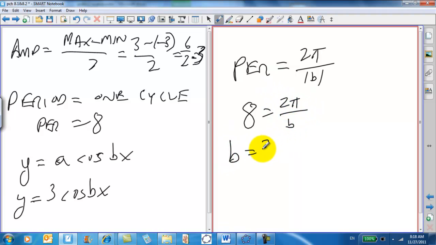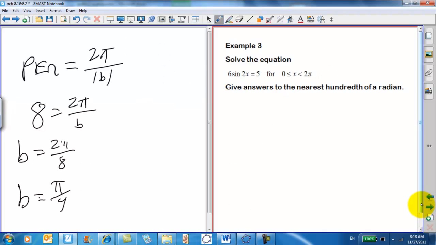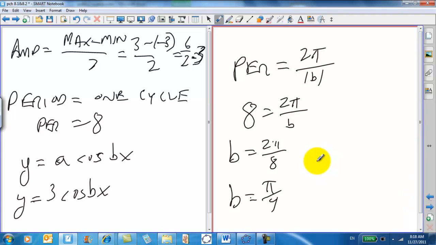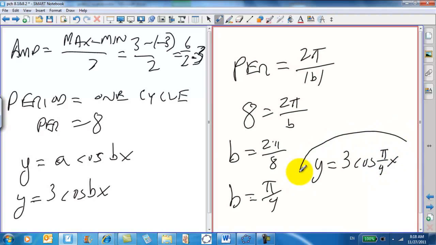So b equals 2 pi divided by 8. So b equals pi over 4. So we can put that all together into our formula then and say y equals 3 cosine pi over 4 times x for our equation.